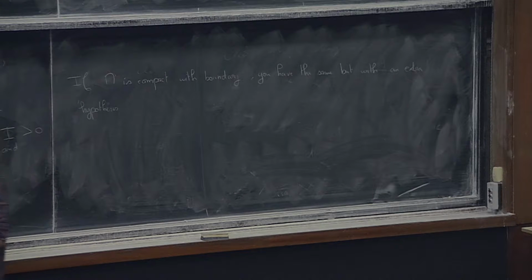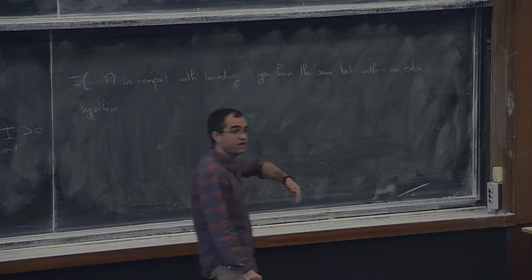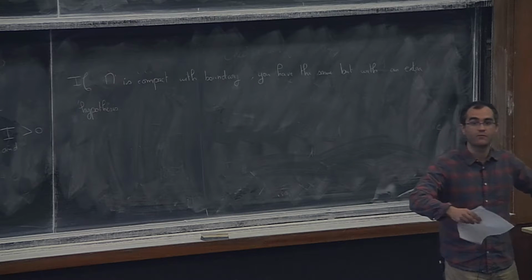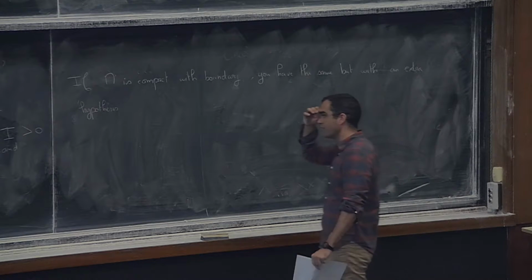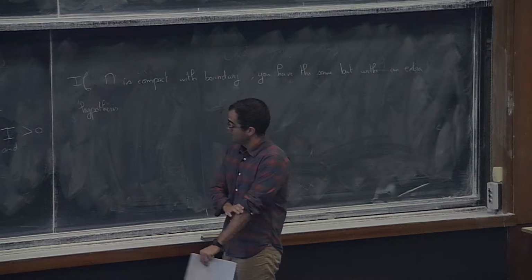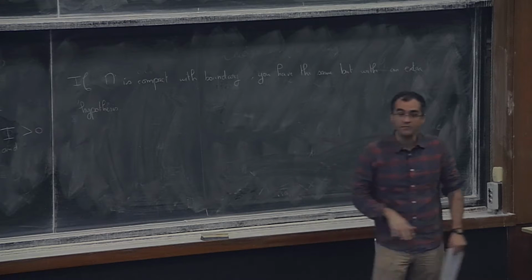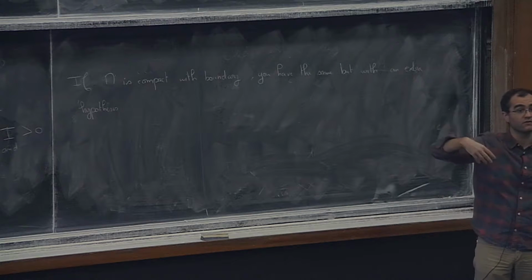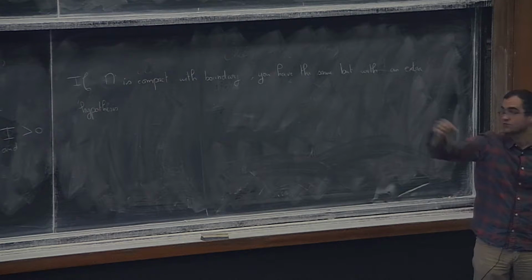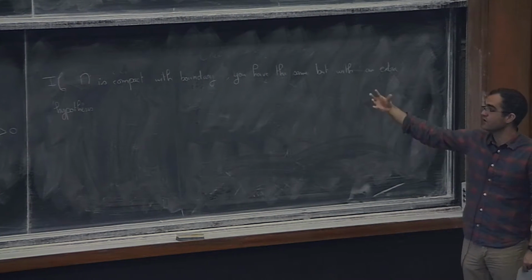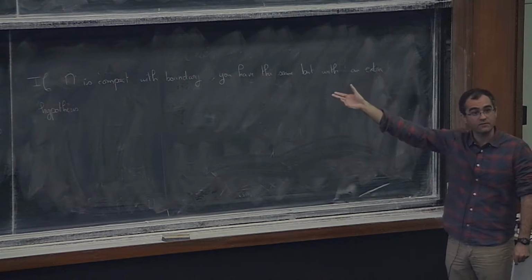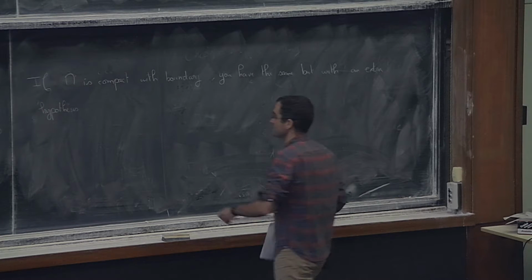What is this extra hypothesis? When you want to prove this, you select a minimizing sequence and you try to prove that you have a limit. And you want to control what happens when you do this. And the thing that you want to be sure of in this procedure, when you have some boundary somewhere on M, is that you don't try to escape the manifold across the boundary. So you have to put a hypothesis on the boundary in order to be sure that you don't escape the manifold. And this hypothesis is the following one.